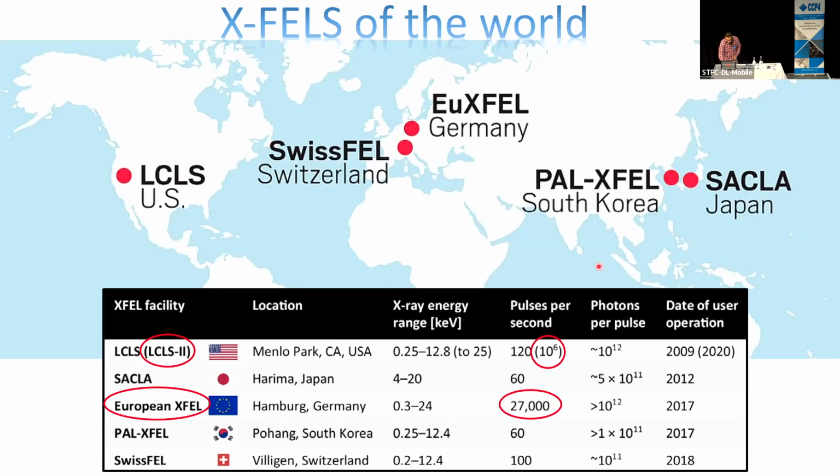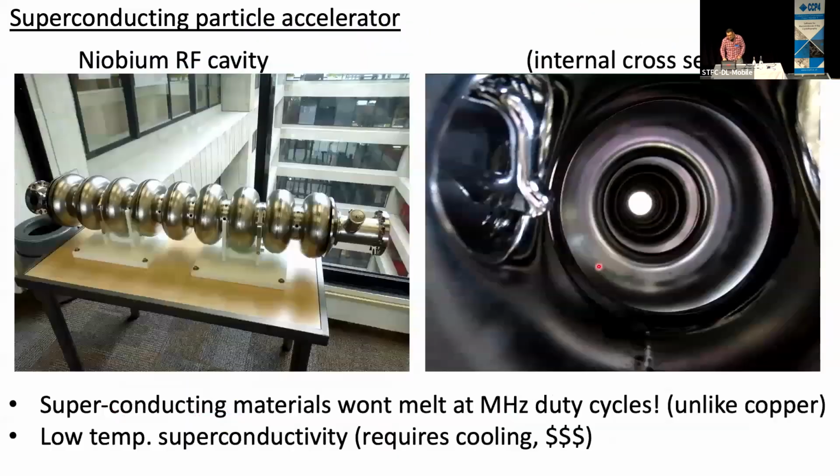If you go back and look upstream of the undulator at the actual accelerator technology that's used to get the electrons to very high speeds, you'll see that at the European XFEL and the LCLS-II, they're using superconducting technology, which means you can operate at a really high duty cycle, high rep rate, without destroying the instrument, because the copper would otherwise get too hot from resistance.